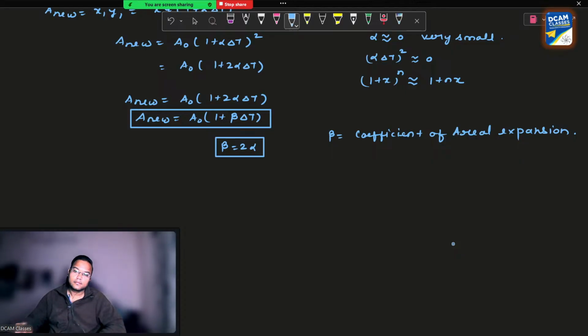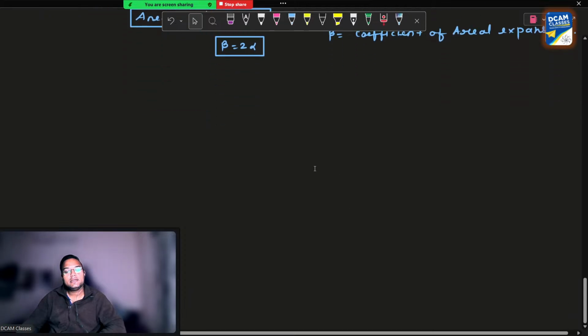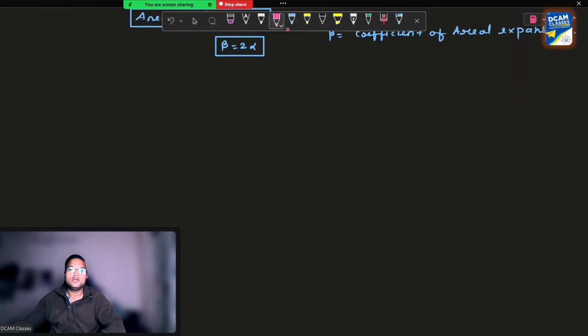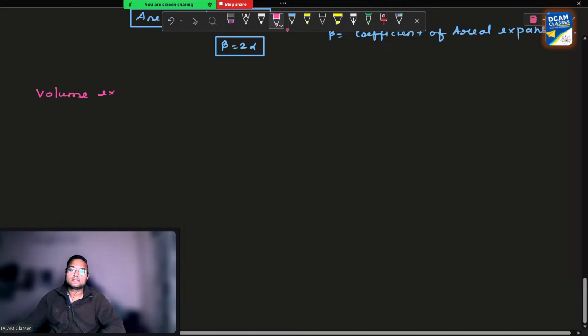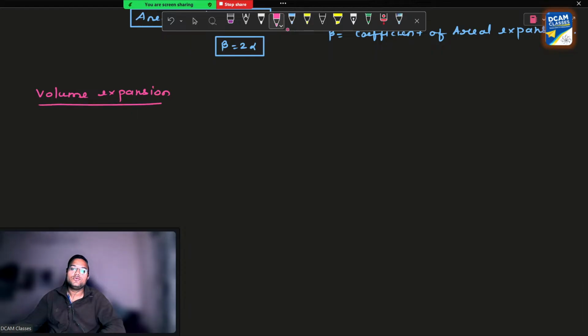Yes, sir. So similarly, can you tell me what should be the formula for volume expansion? Take a case of a cube.